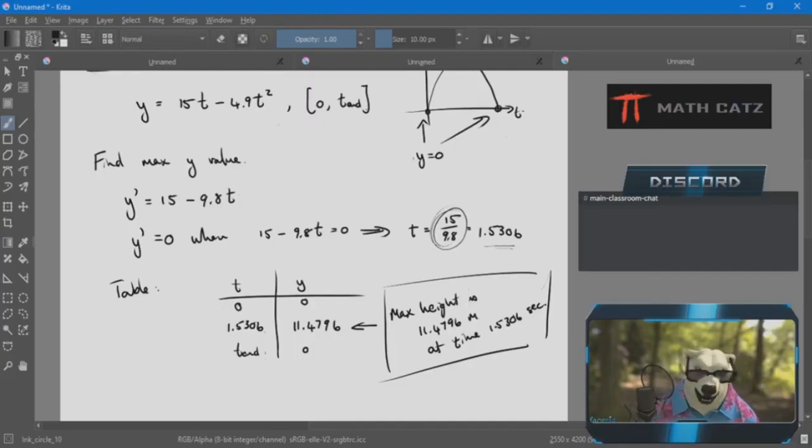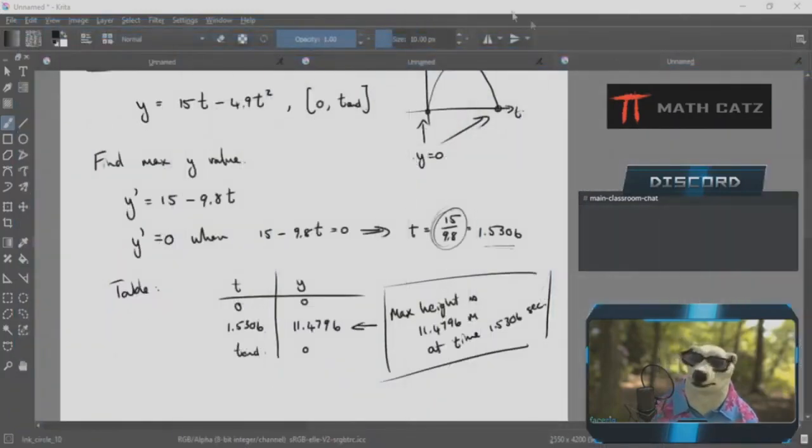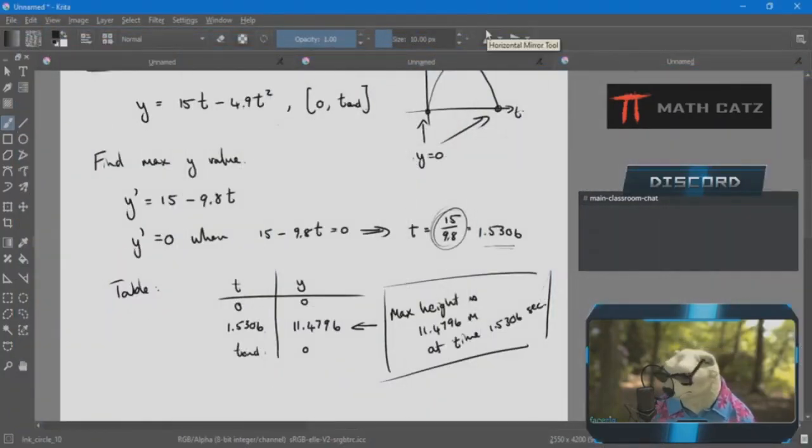All right, then they tell me, so I have the time at which the cannonball reaches its highest point. It's at 1.53 seconds. I want to know the velocity and the acceleration of the cannonball at time 0.5 seconds and 1.5 seconds. I'm not going to do all of that because if you can do it for one, you can plug in more values.